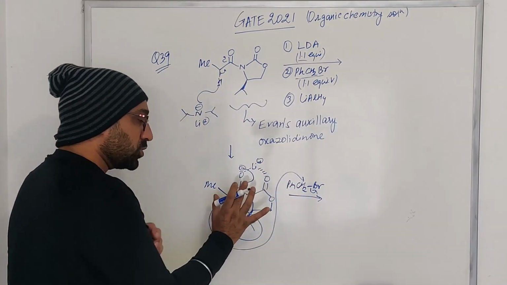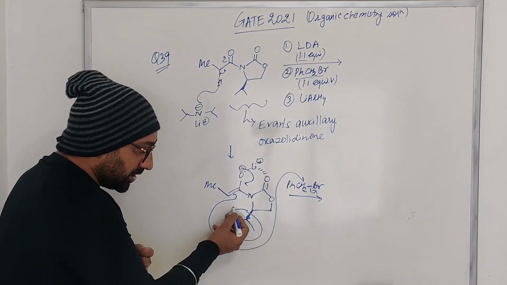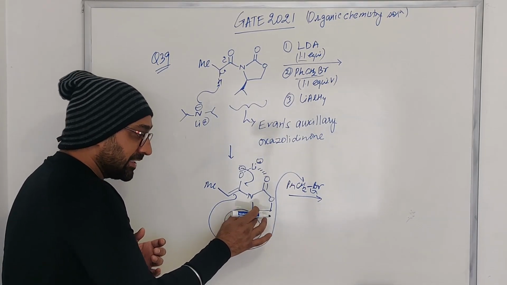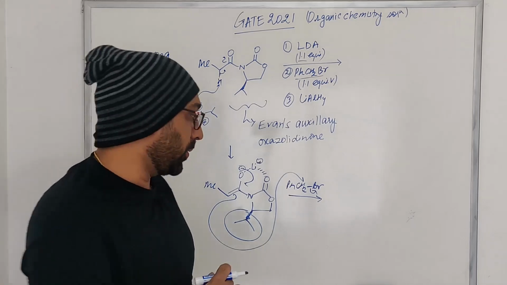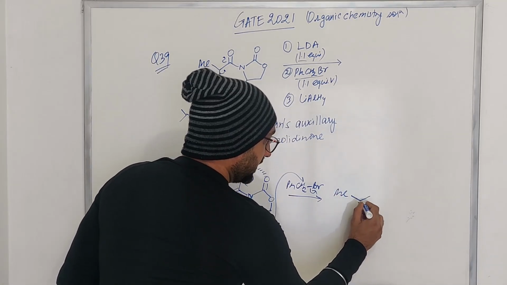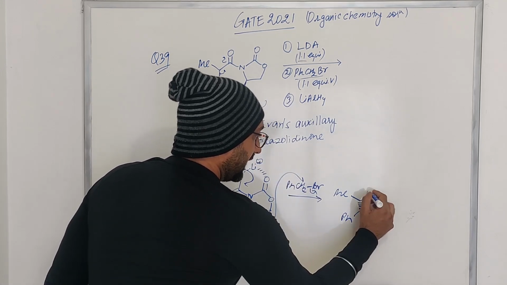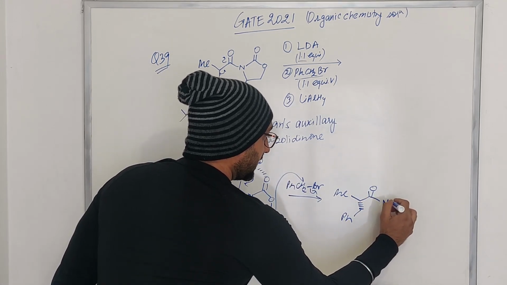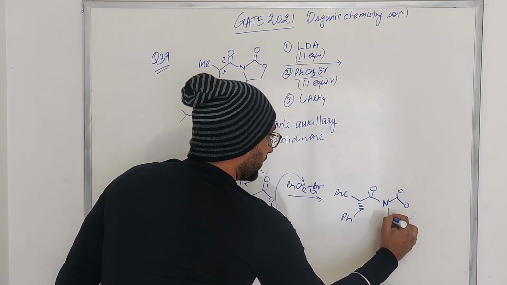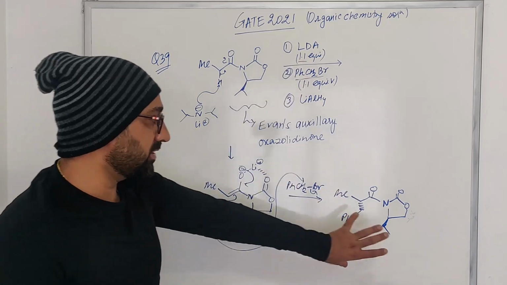Meaning this attack is only going to be preferred from behind the plane. Why? Because the top face has been occupied by this particular isopropyl group. So what you are going to get is alkylation at this position, from behind the plane, by benzyl bromide, and this is the product that you get as a result of the 2 steps.